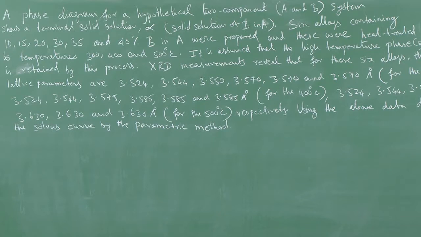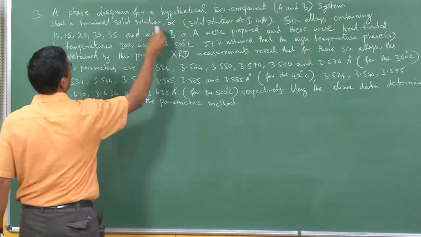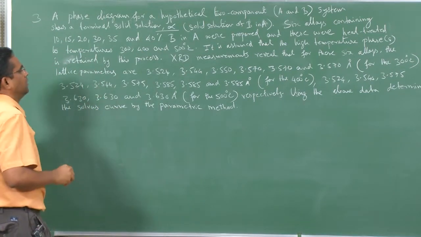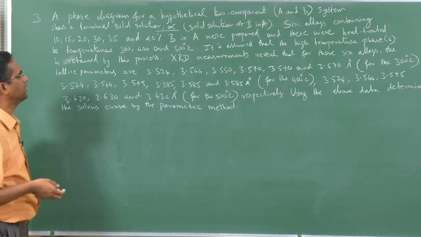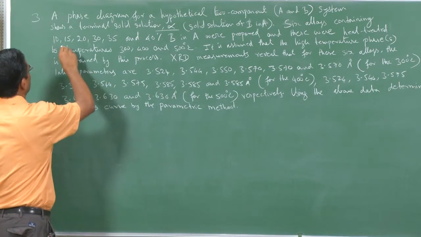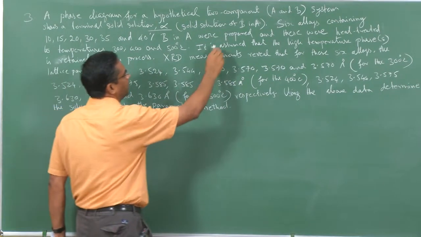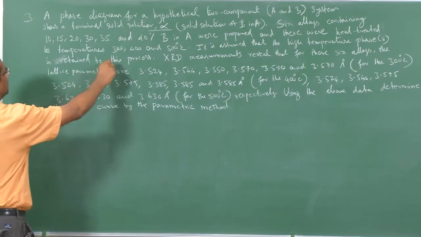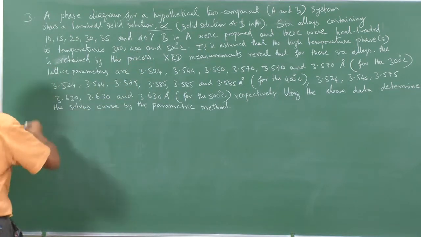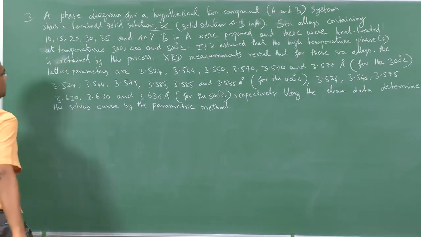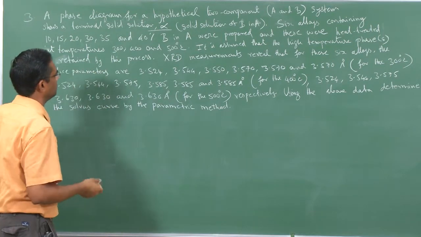A phase diagram for a hypothetical two-component system AB shows a terminal solid solution alpha, that is, a solid solution of B in A. There are 6 alloys containing 10%, 15%, 20%, 30%, 35% and 40% of B in A, prepared and heat treated at temperatures of 300, 400 and 500 degrees centigrade, and it is assumed that the high temperature phase is retained by this process.